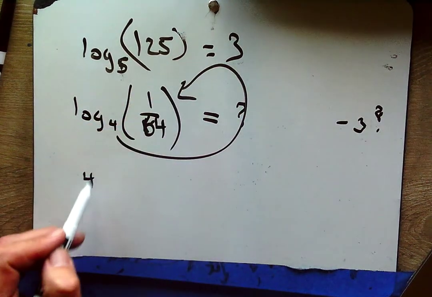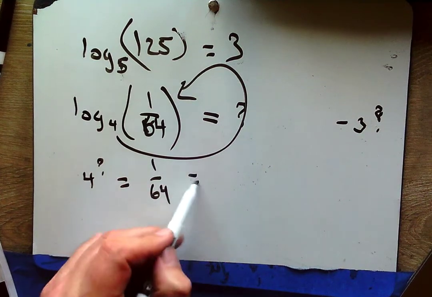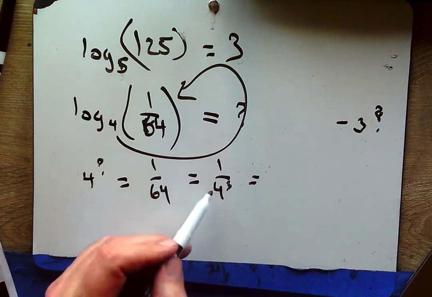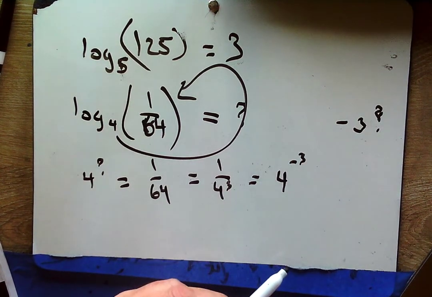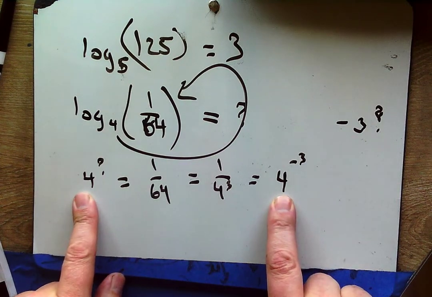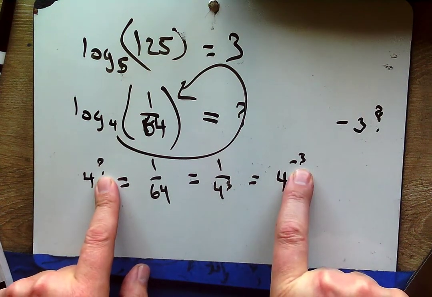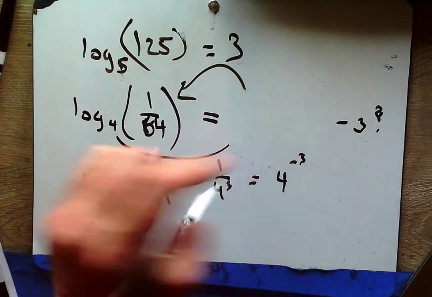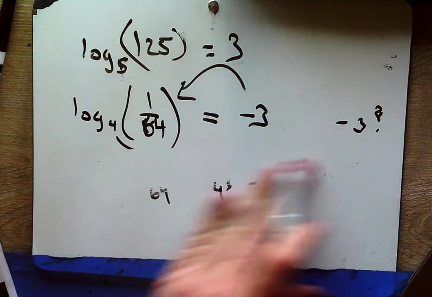Scorpion tail gives me 4 to the question mark equals 1 over 64. I know that 64 is 4 to the third. If I moved this up, so it now said 4 to the -3, the bases are the same, these things are equal, and therefore the powers should be the same. So the question mark is -3. Okay?